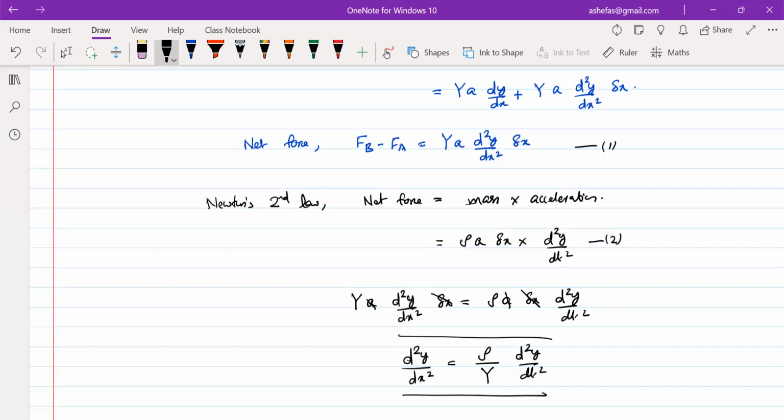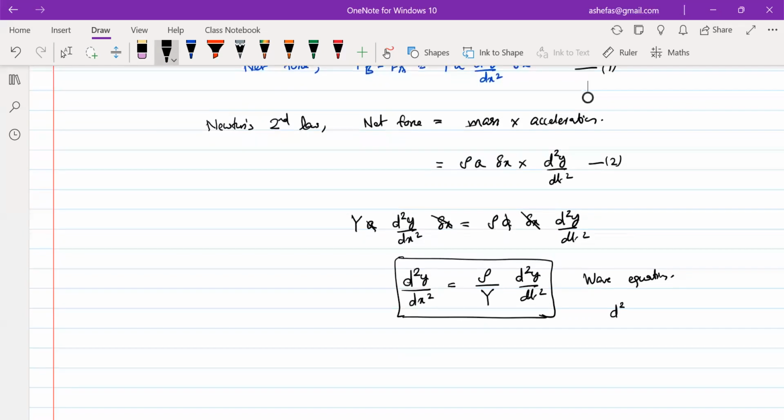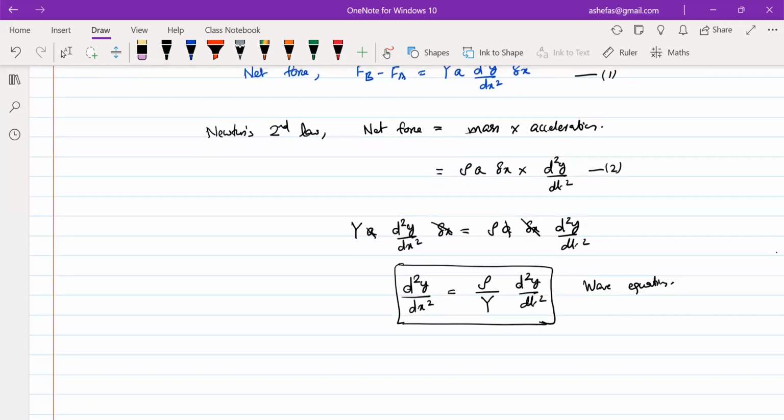Now this is nothing but a differential equation of a wave, and it is called the wave equation. Remember, a general wave equation is, better we represent it with partial derivatives: dou square y by dou x square is equal to 1 by v square dou square y by dou t square.